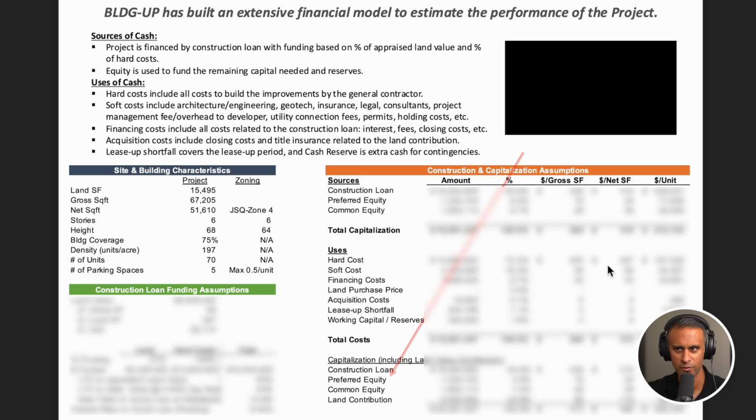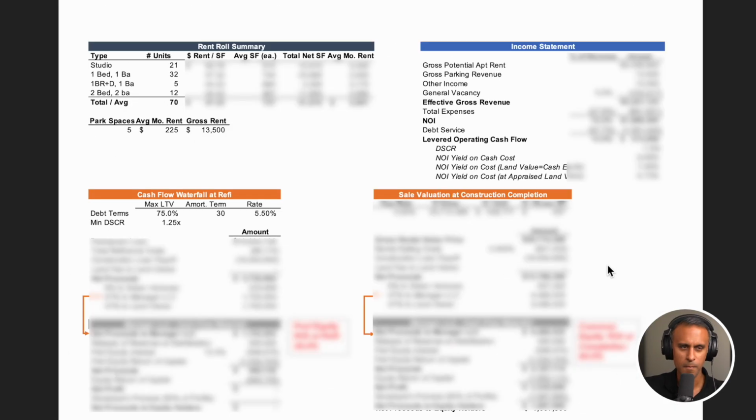The soft cost line item alone is probably like another several pages of information behind it. Usually I don't put it in here because I think it's too much, but if anybody ever asks us for it, and usually people do eventually, we provide that type of information, some of the assumptions behind it. But at a high level, it's just meant to be the sources and uses of cash and how it's being capitalized.